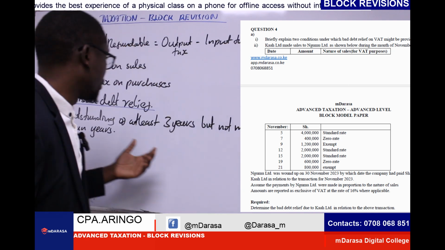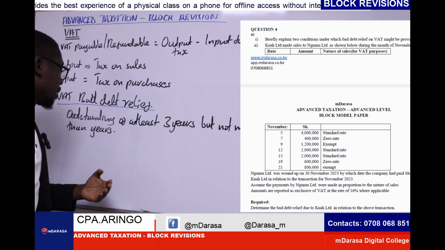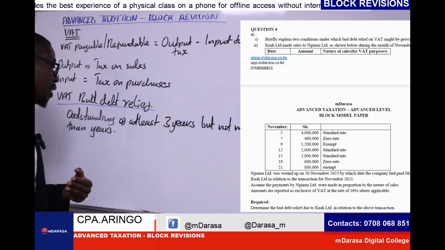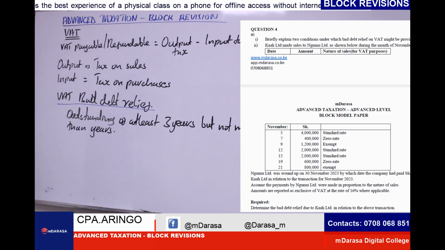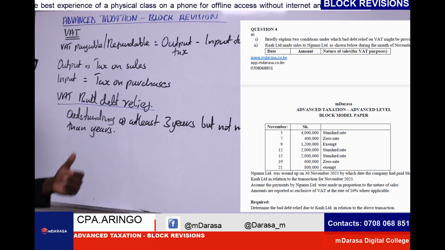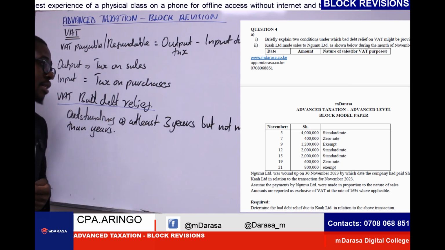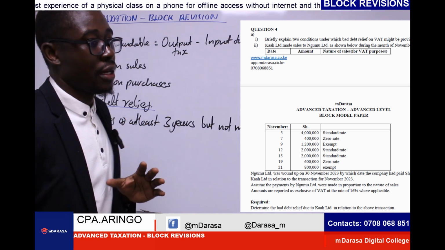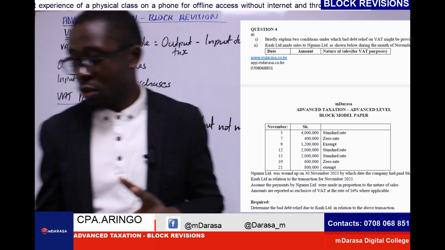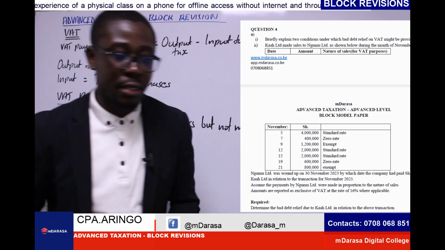Or condition number two, the amount must have been outstanding for at least 3 years, but not more than 5 years. These are the two main conditions that we should always have in mind.